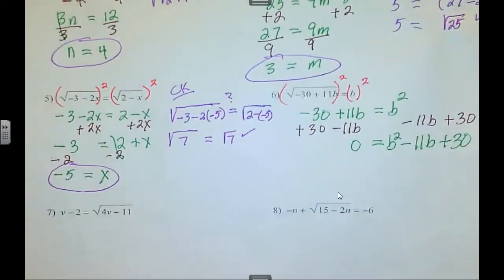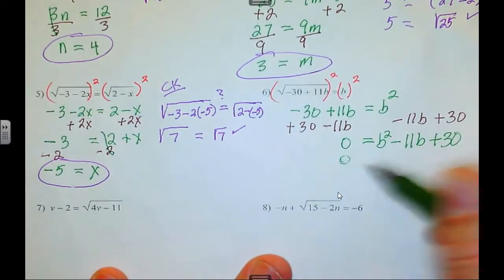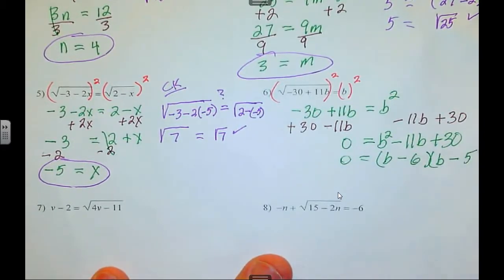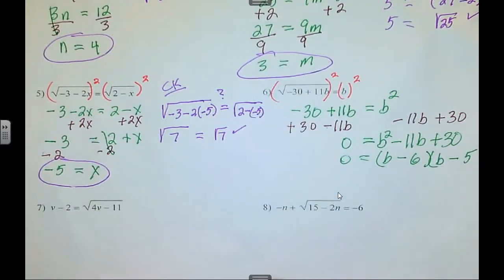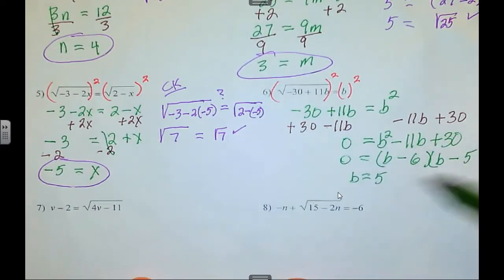Okay, I'm going to factor this in my head because it's so easy. 0 equals b minus 6, b minus 5. Set each one of those quantities equal to 0, and I know that b equals 5 and b equals 6.